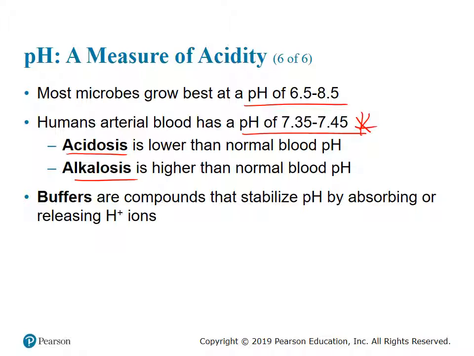We call this alkalosis. Now, there's different reasons why that would be the case, but our body also balances that out really well, and we do that through what we call buffers. A buffer is a compound, a chemical, that actually changes the pH and balances everything out really well. Okay?